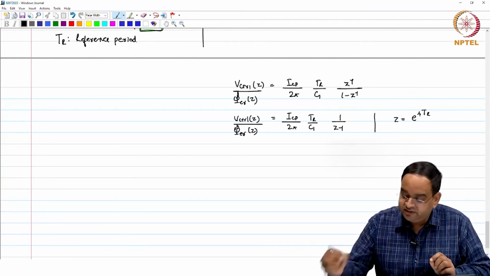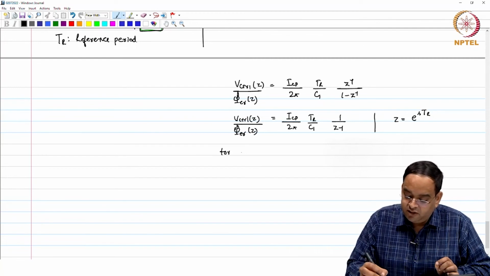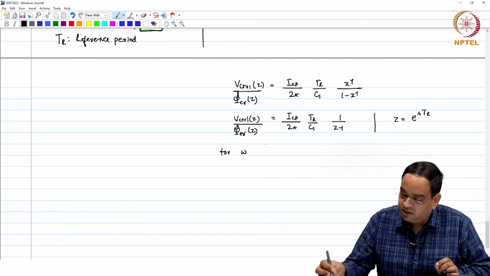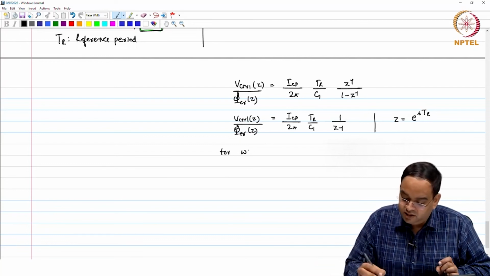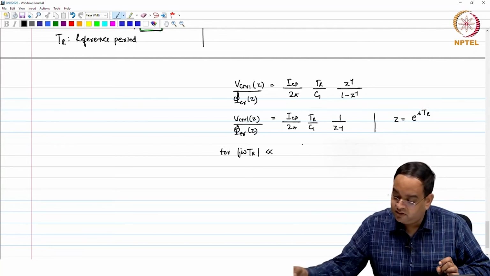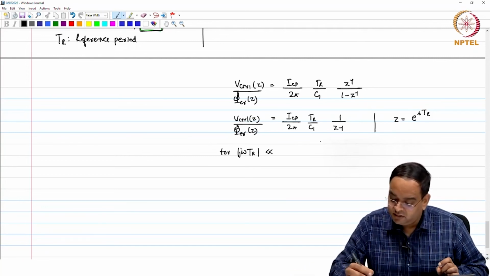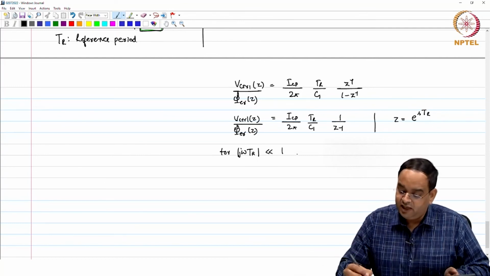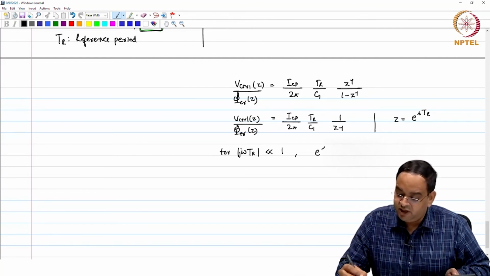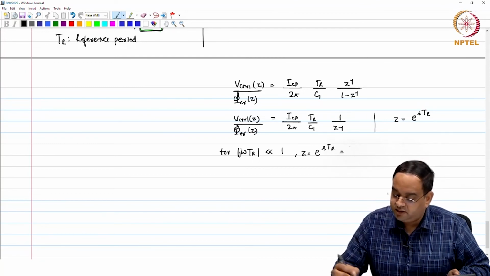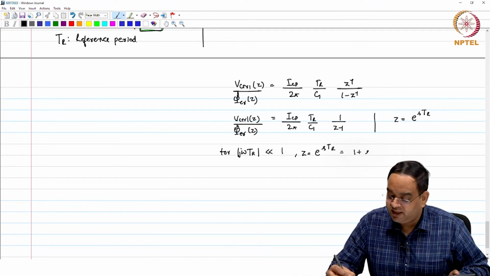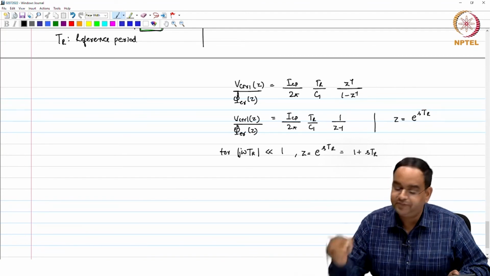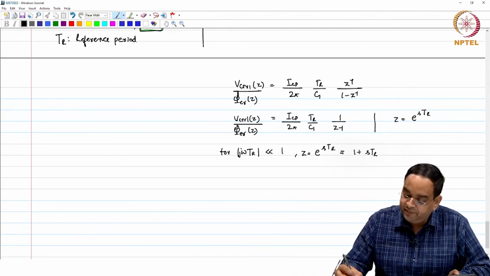For frequencies omega with omega T_R much less than 1, e power s T_R is approximately equal to 1 plus s T_R.